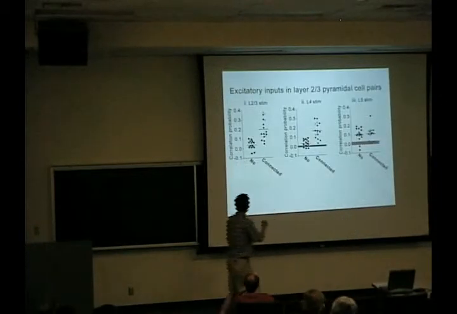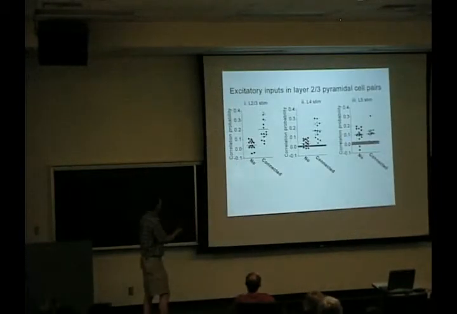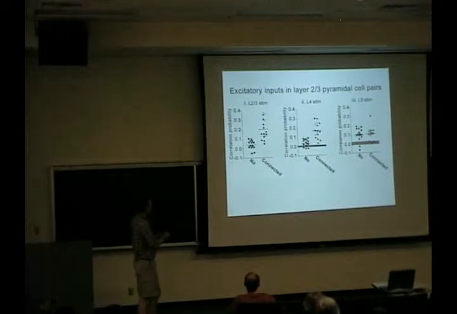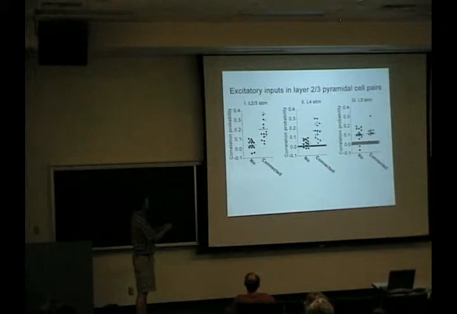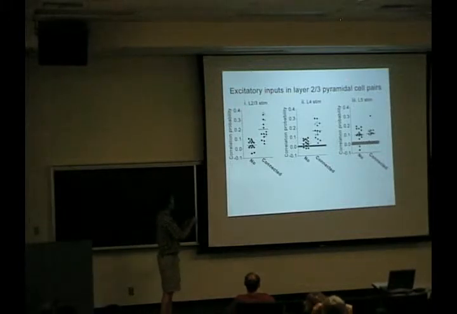Now if we look at the distributions from all the cell pairs we recorded from, and separate them into cell pairs that are not connected to each other versus cell pairs that are connected to each other, and then look at the stimulation sites in layer 2-3 and layer 4, we'll come back to layer 5 later. We see a very clear difference between the connected and the unconnected cell pairs.